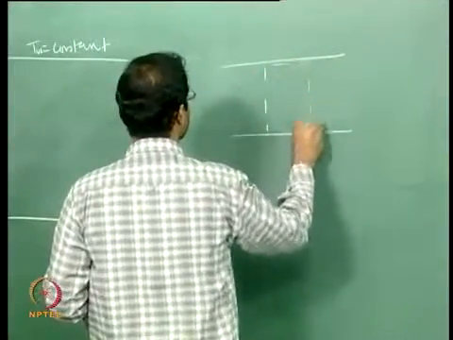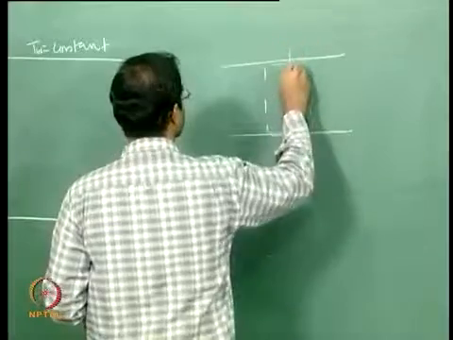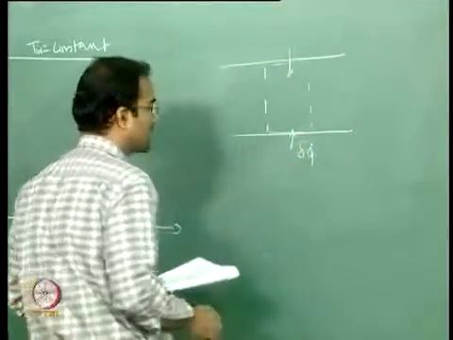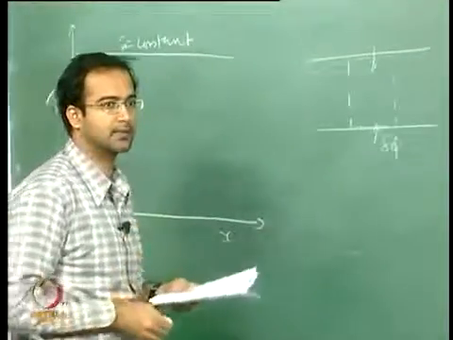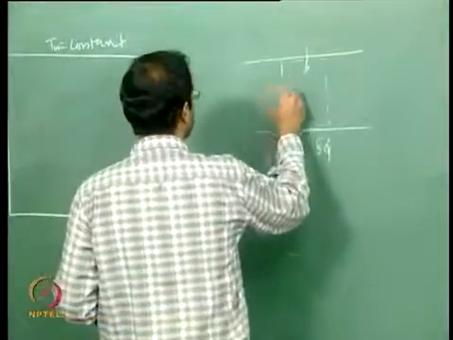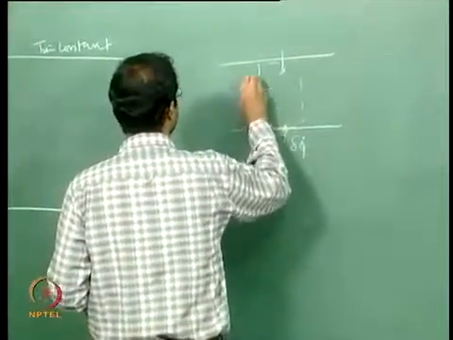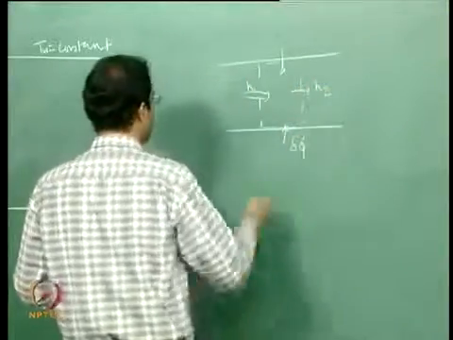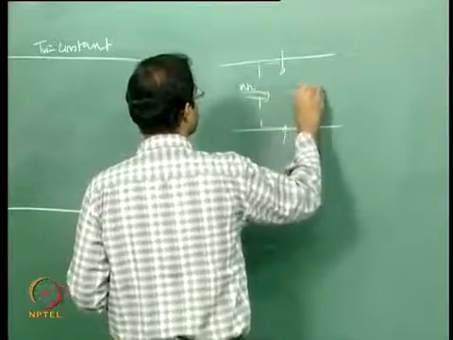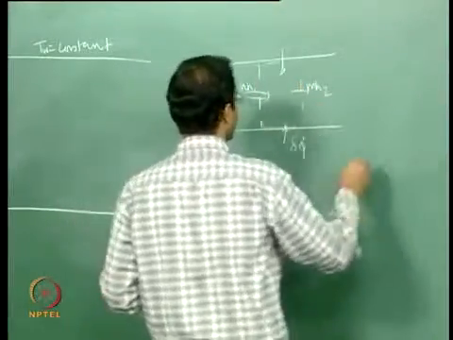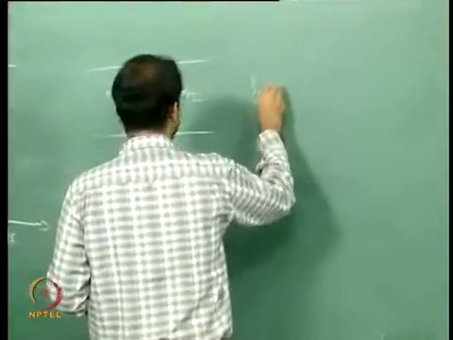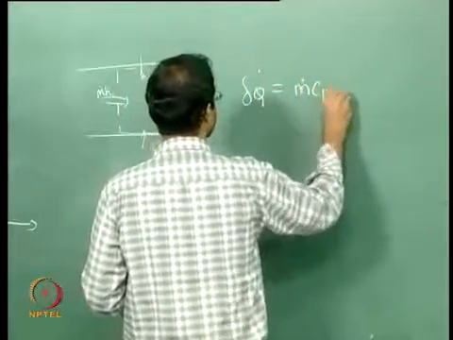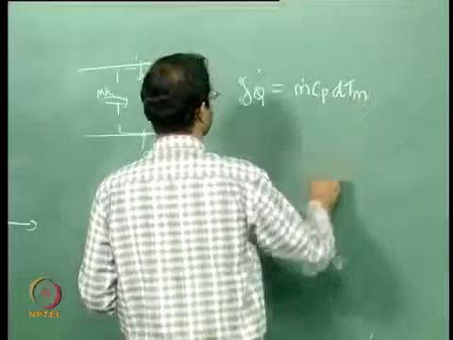so you take a control volume, so this is your heat transfer delta Q, differential amount of heat transfer for this differential control volume, and you have some enthalpy coming in and enthalpy which is leaving. Of course there is a mass flow associated with this enthalpy, so therefore you can apply energy balance and say my del Q dot is equal to m dot Cp into dTm.